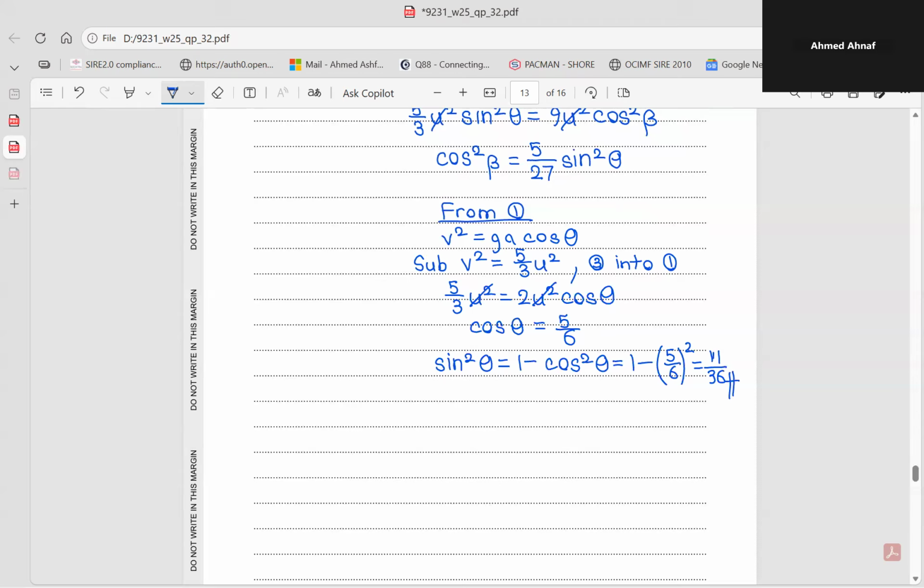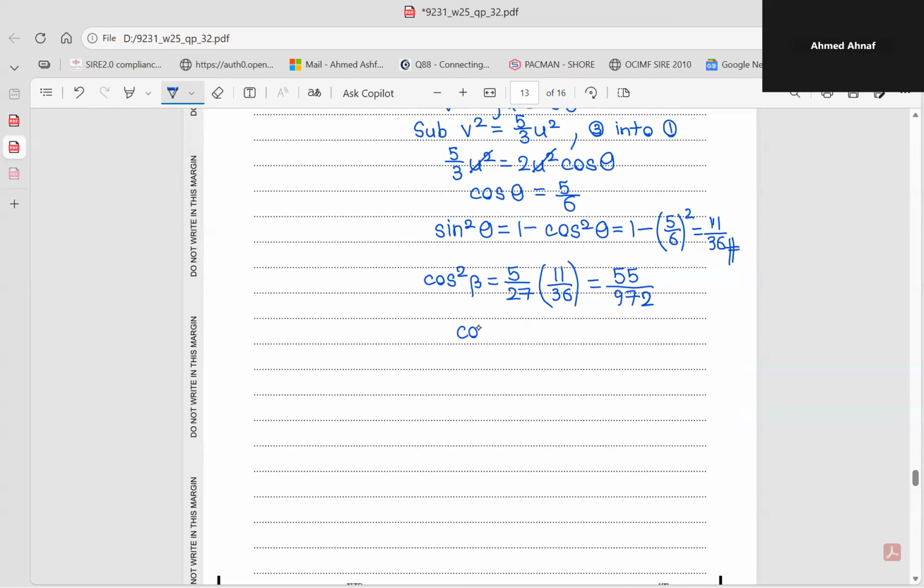Okay, so therefore, cosine squared beta is going to be 5 over 27 times 11 over 36, which is 55/972.